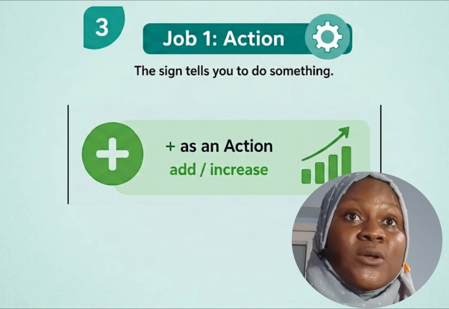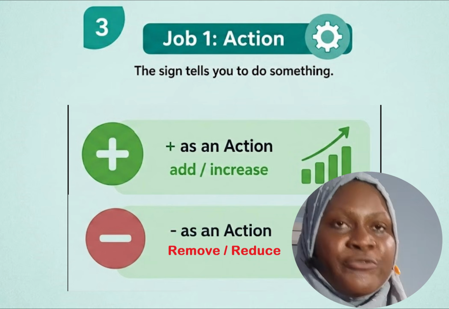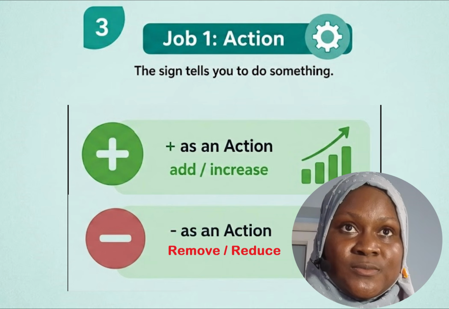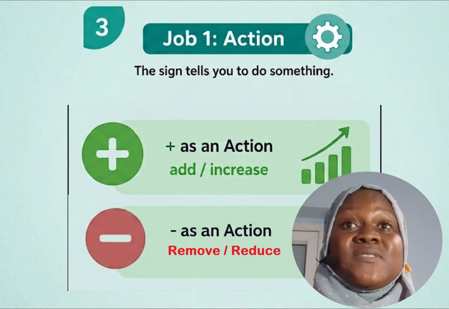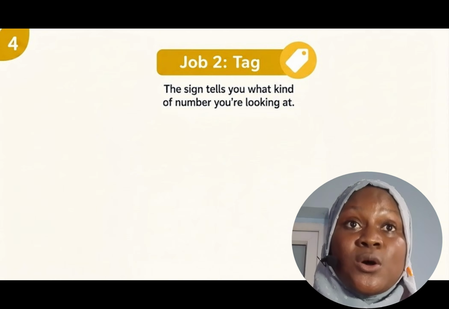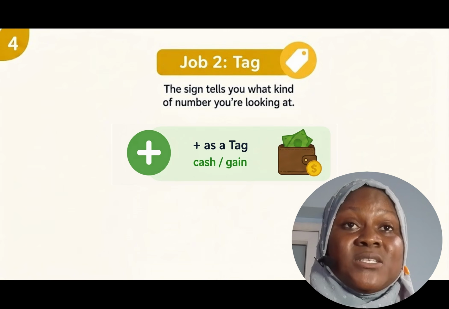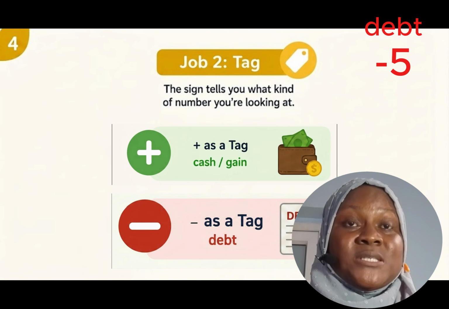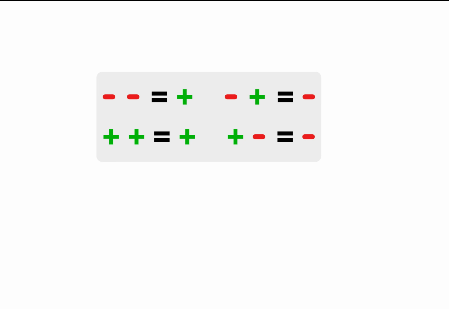It's an action to add or increase, while the negative sign is an action to remove or reduce. And when they act as tags, the positive sign tells you that a number is cash, what you have, like plus 5, while a negative sign tells you that a number is a debt, what you owe.